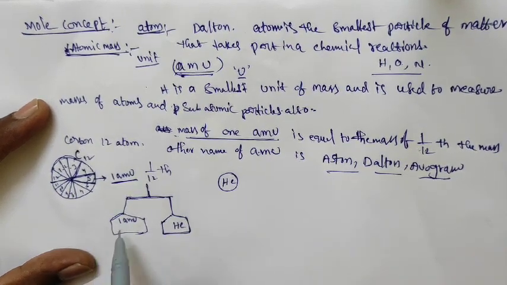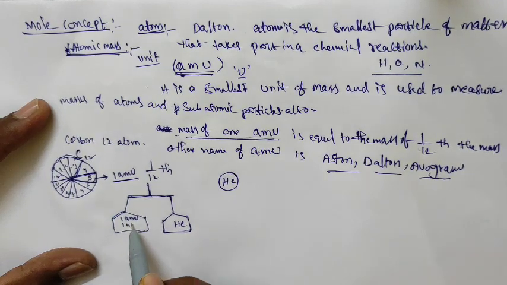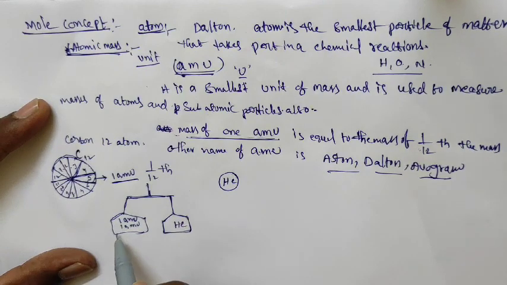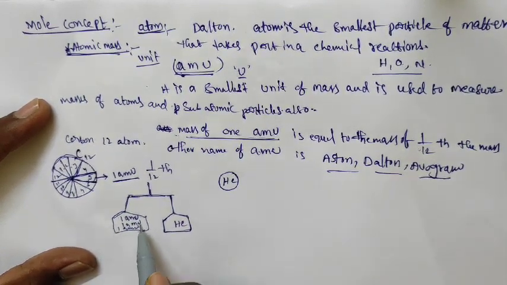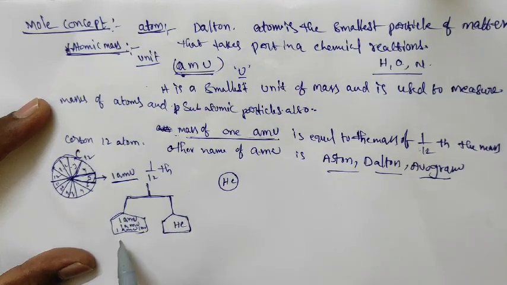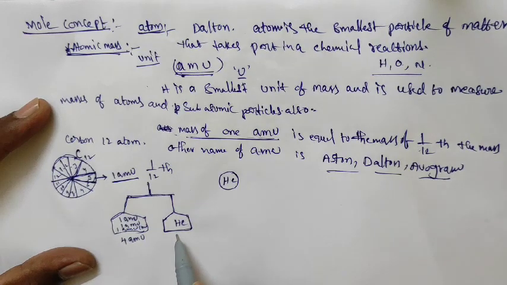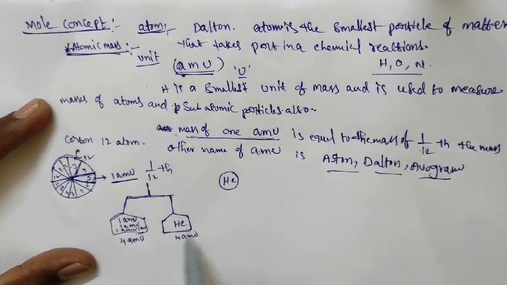Not equal. One more AMU, still not equal. One more AMU, now it is equal. How many AMUs did I add? 4 AMUs. So the helium weight is 4 AMU.